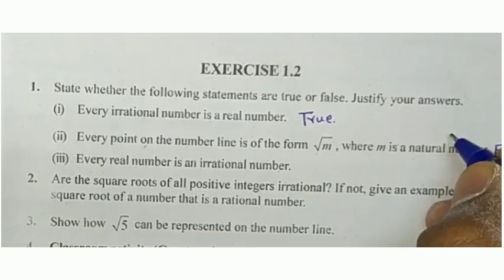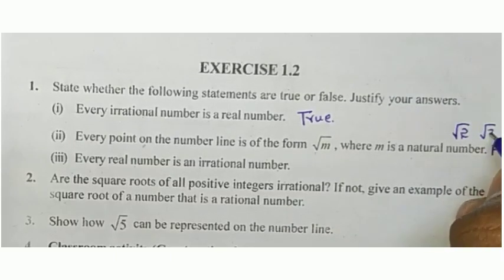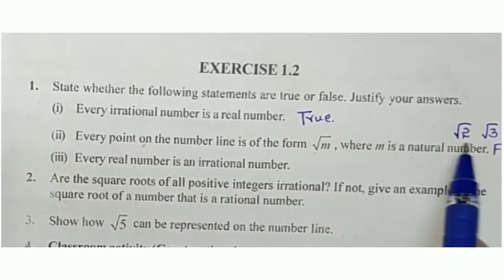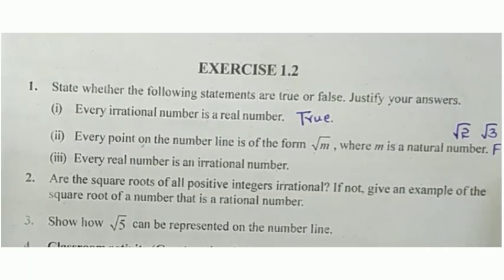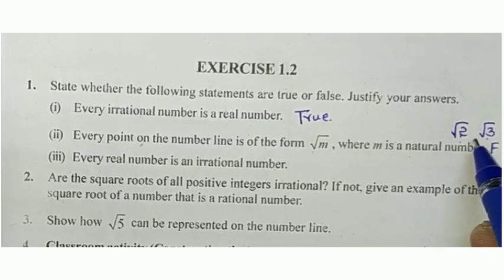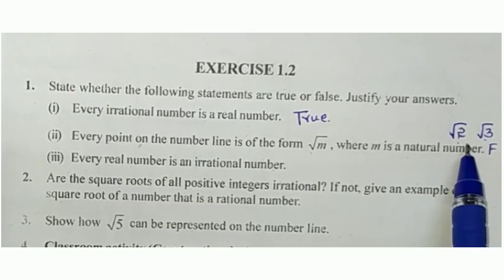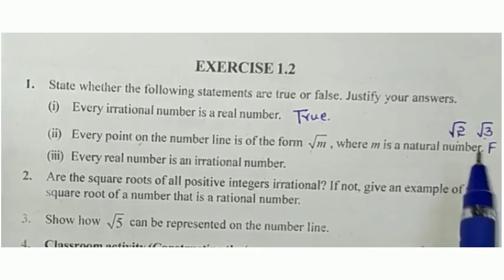For example, take numbers between root 2 and root 3. Between these numbers we will get infinitely many numbers. We can't represent all of them on the number line. That's why it is false.